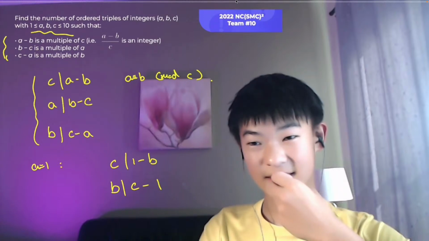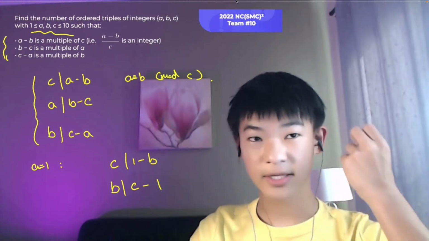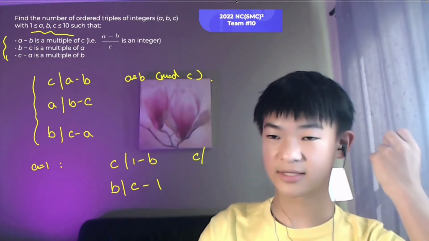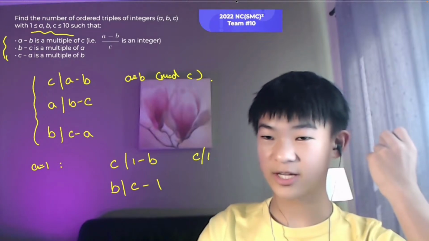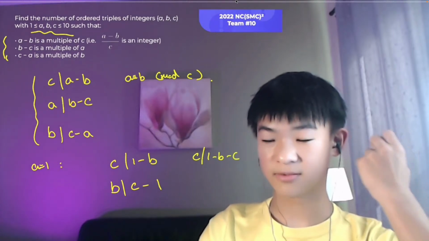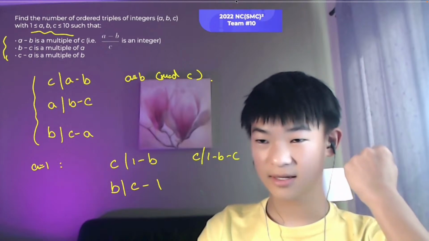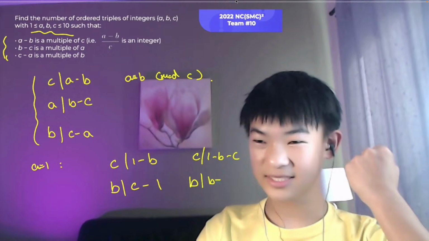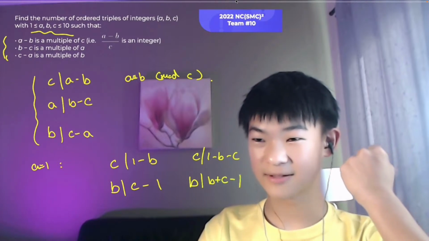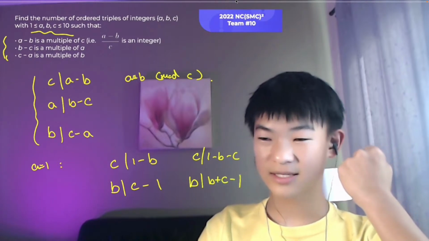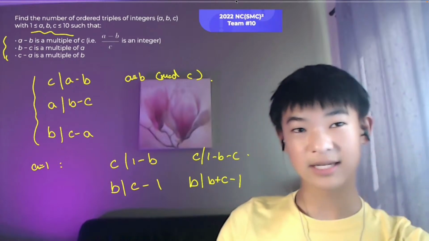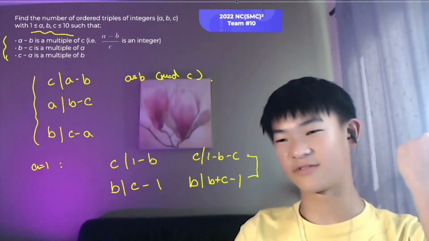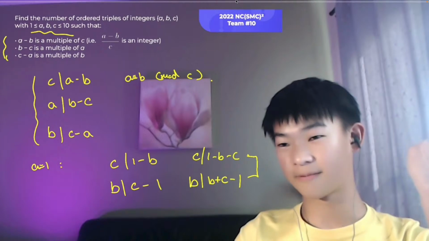Now, take a look at this. We could actually write this as C divides 1 minus B minus C, because 1 minus B is a multiple of C, and then B divides B plus C minus 1. And the observation here is that these two are just additive inverses or negatives of each other.